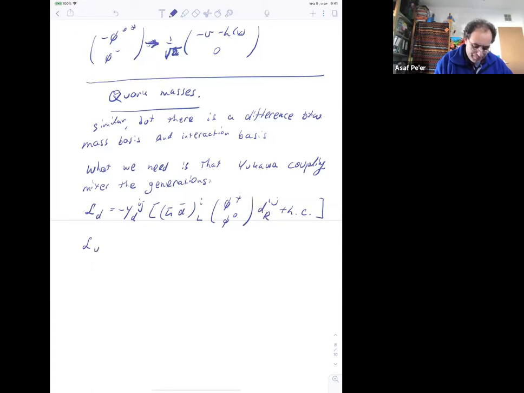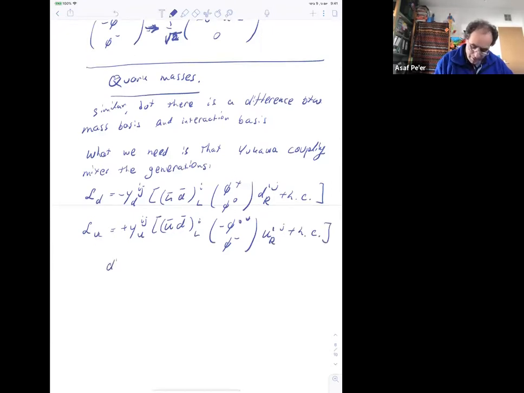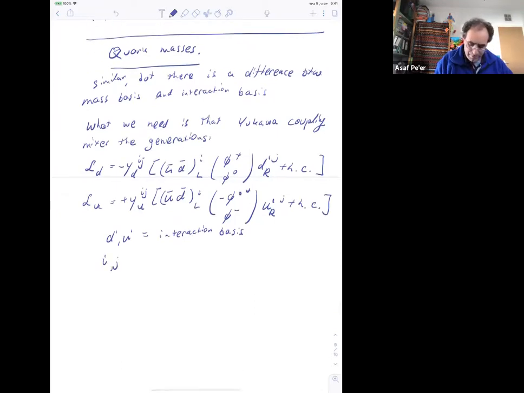And the same for the up: Y up, Yj, U bar, D bar, I left, and here we'll have the minus phi 0 star and phi minus U R prime, J plus Hermitian conjugate, where D prime, U prime are in the interaction basis, and I and J are the different generations. Of course, there is a summation here, right?